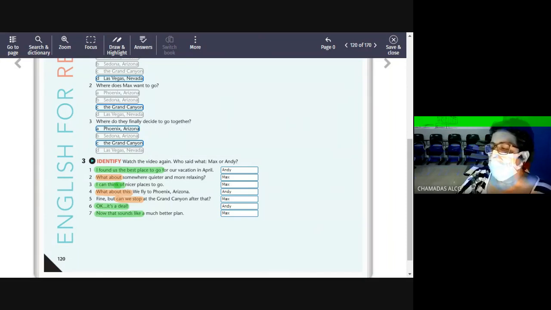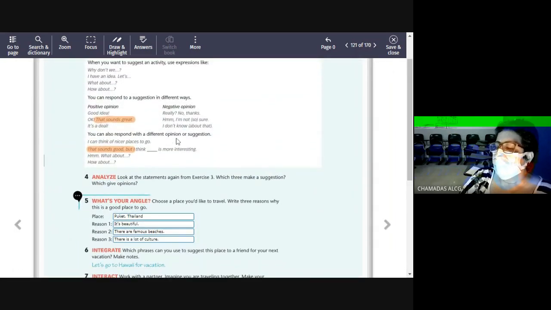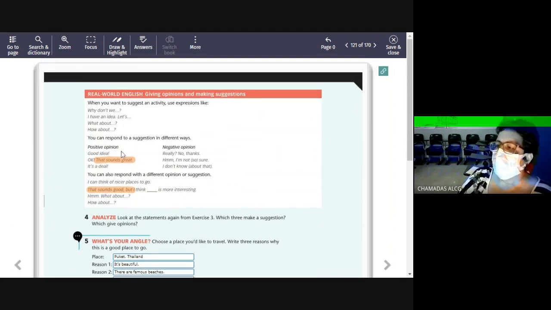Here, we are giving our opinion after a suggestion, right? When you respond to a suggestion, I just highlighted 2 here, but of course, you can have a positive opinion or a negative opinion.